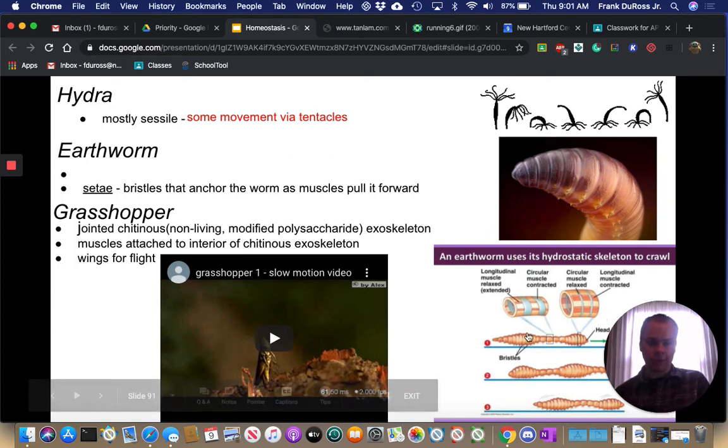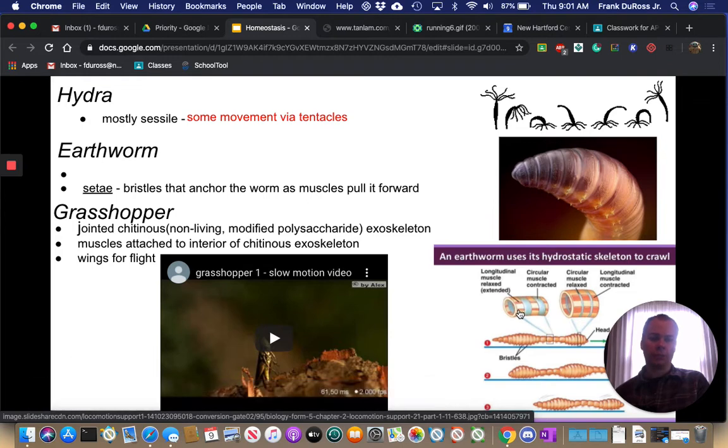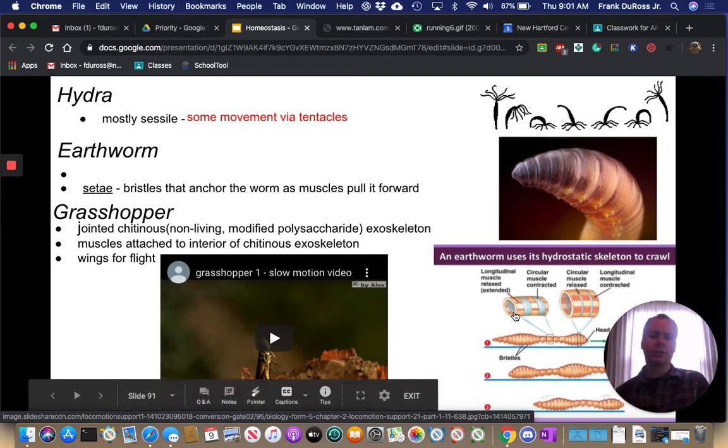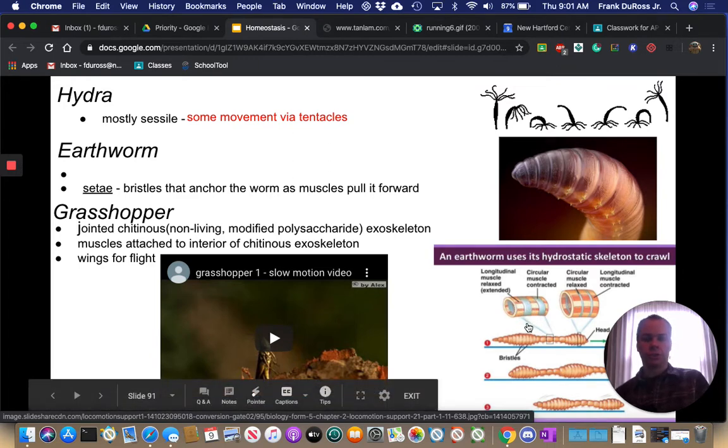Earthworms have muscles that are surrounding their body in a circular pattern, and they have other muscles that go laterally along their body. By using the combination of these muscles, they can squeeze together those circular muscles, which stretches part of their body out, and then these longitudinal muscles pull them back together.